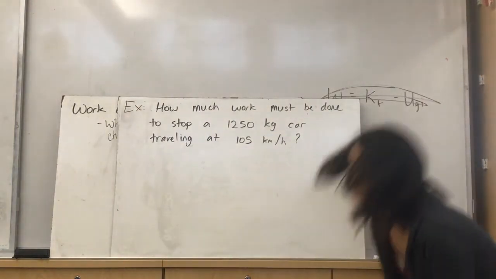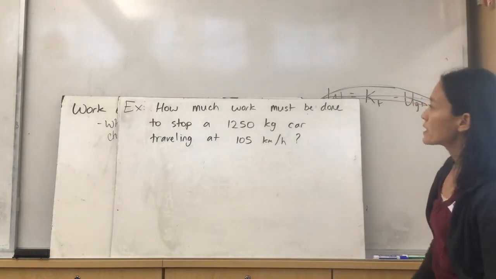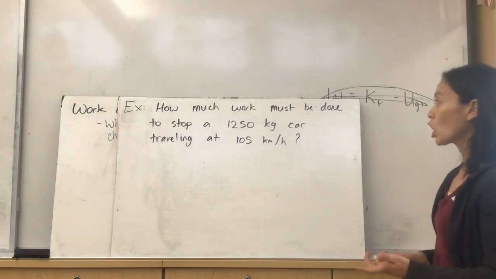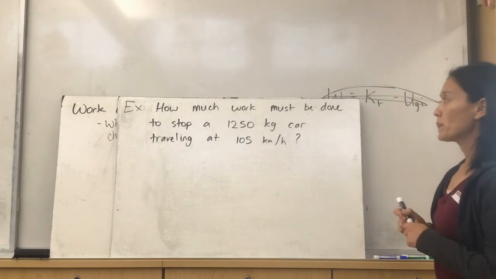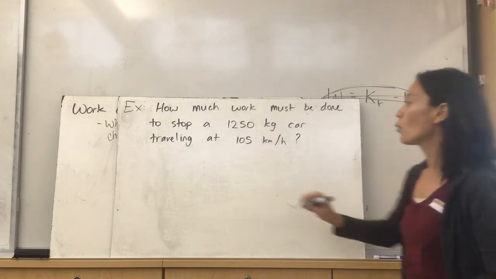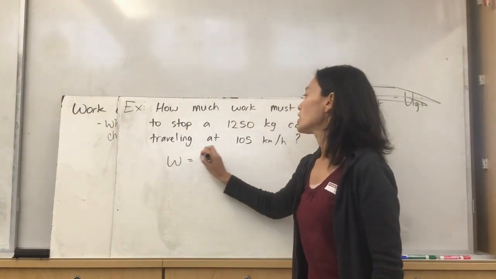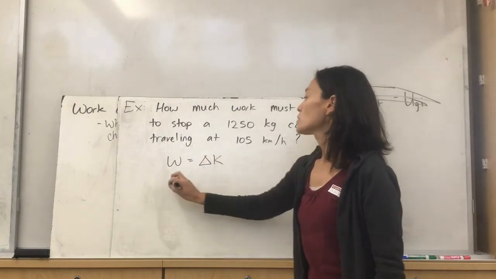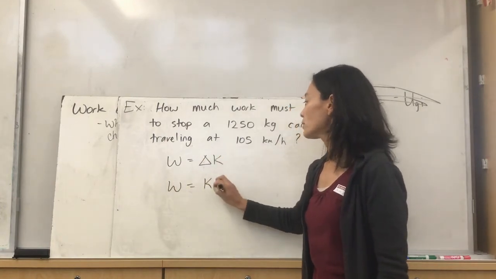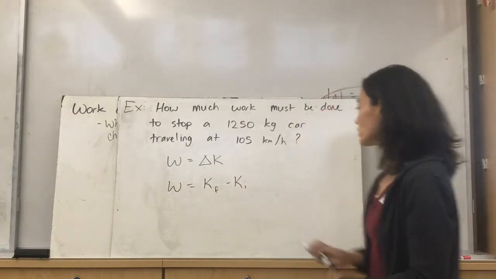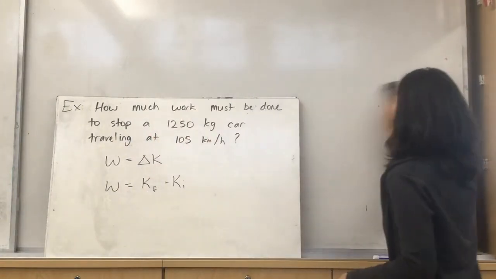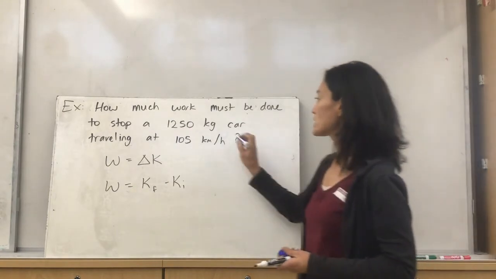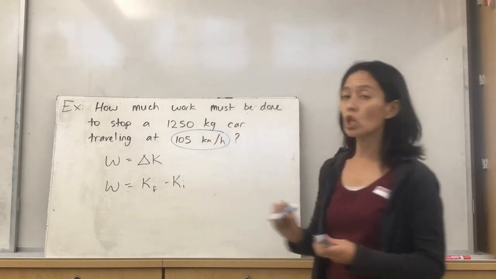So this says how much work must be done to stop a 1,250 kilogram car traveling at 105 kilometers an hour. So this is clearly looking at work causing a change in kinetic energy. So this would be K final minus K initial. And the thing that I have to be careful with is right now my velocity is given to me in kilometers per hour.